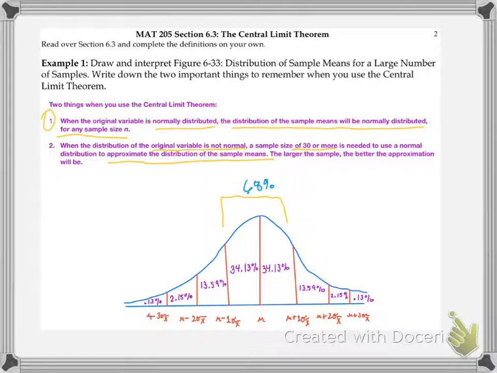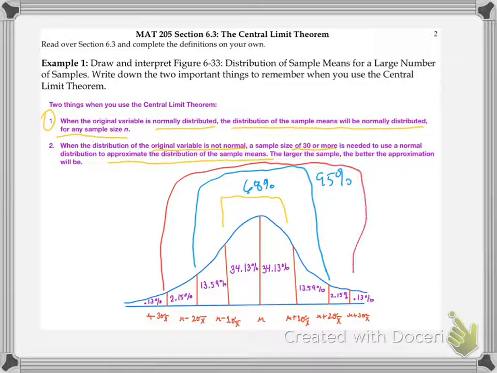At 2 standard deviations away, that represents 95% of our data. And at 3 standard deviations away, we get 98% of our data. This is what we need to take into account when using the central limit theorem.